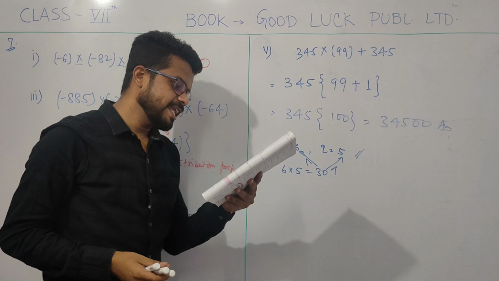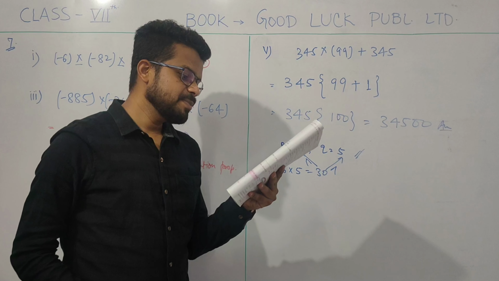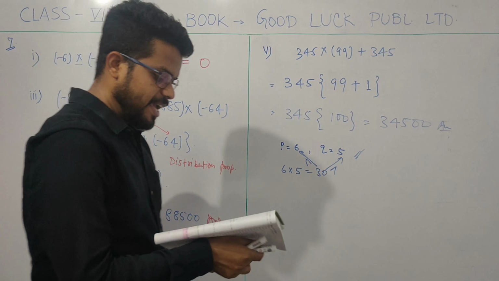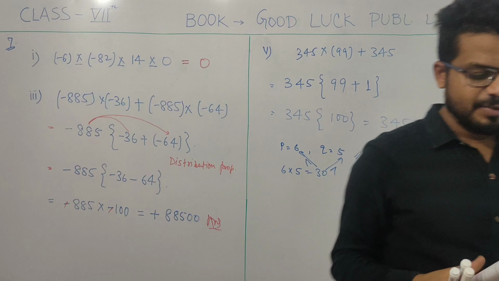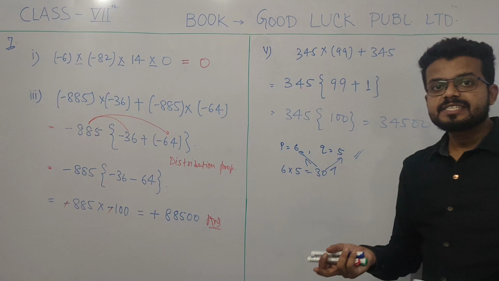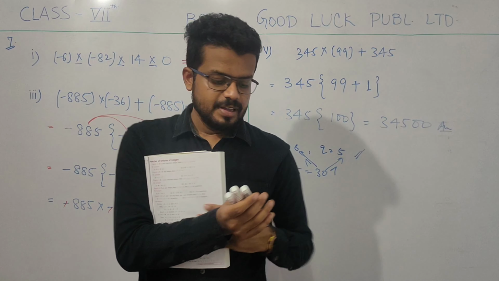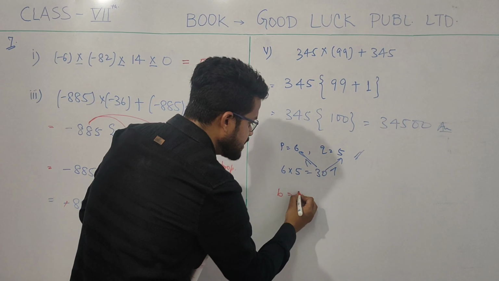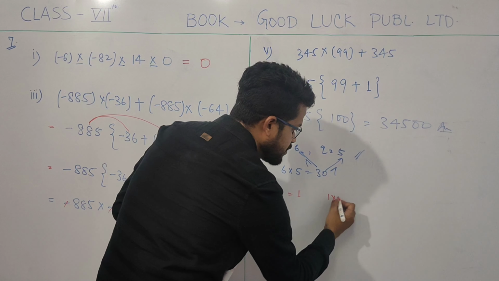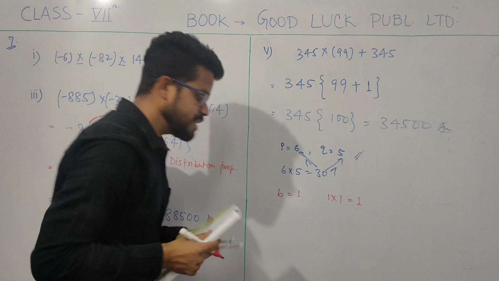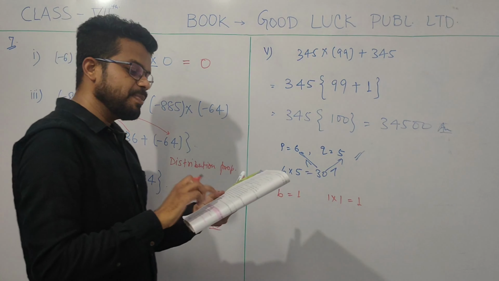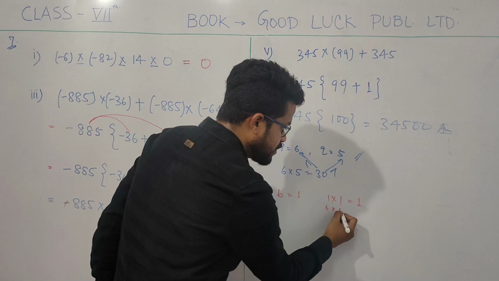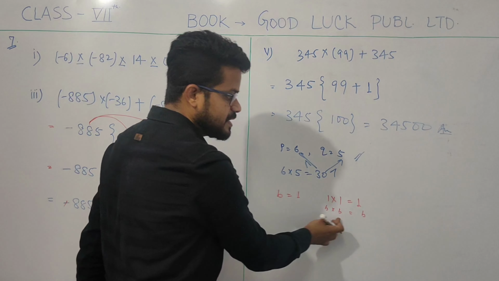Now question number 10 is, find an integer b such that b into b is equal to minus b. Let's take an example. If b is equal to 1, then 1 into 1 is 1, so the result is always b.